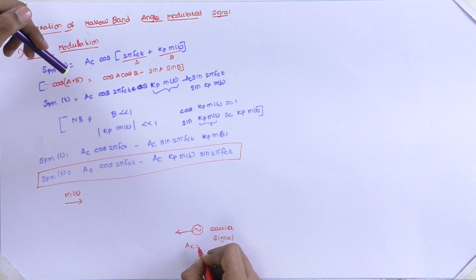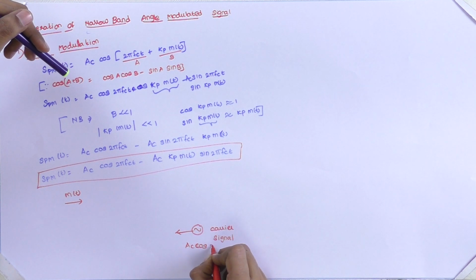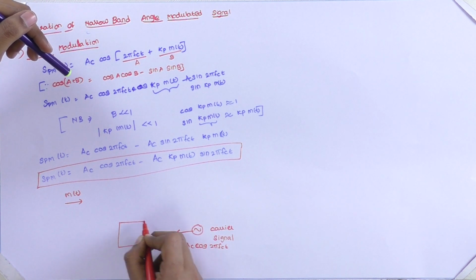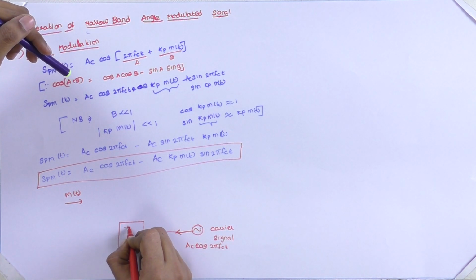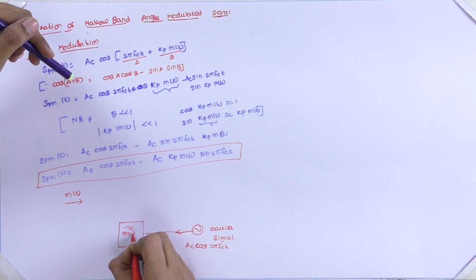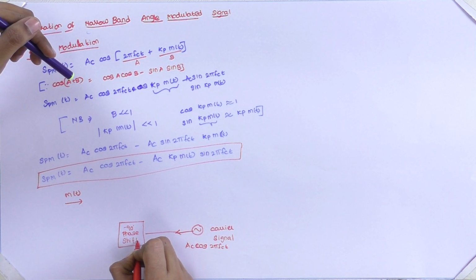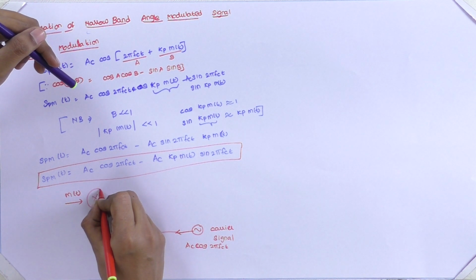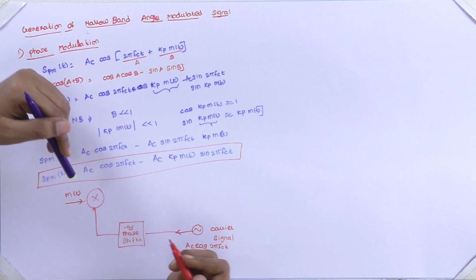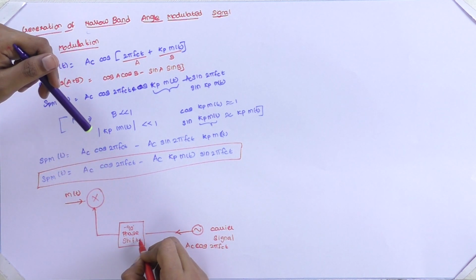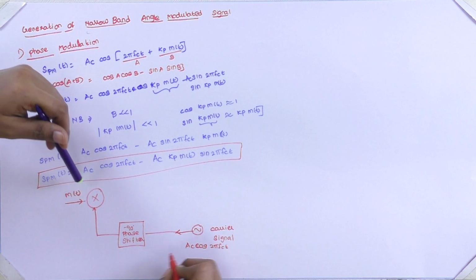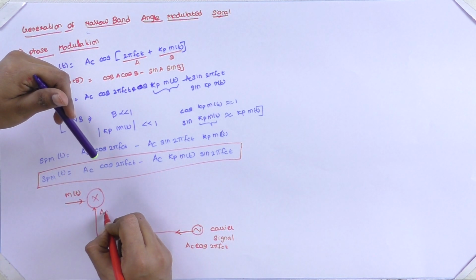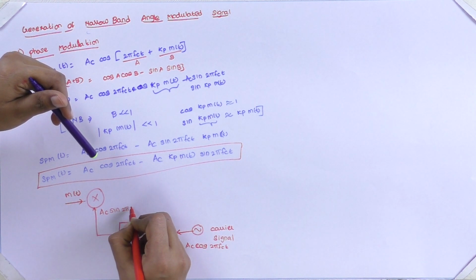The carrier signal is AC cos 2 pi fct, and we give a minus 90 degree phase shift using a phase shifter, applied to the second input for the product modulator. So, one of the inputs for the product modulator is the message signal and the other input is the phase shifted carrier signal. Therefore, AC cos 2 pi fct is our carrier signal. The phase shifted version will be AC sin 2 pi fct.